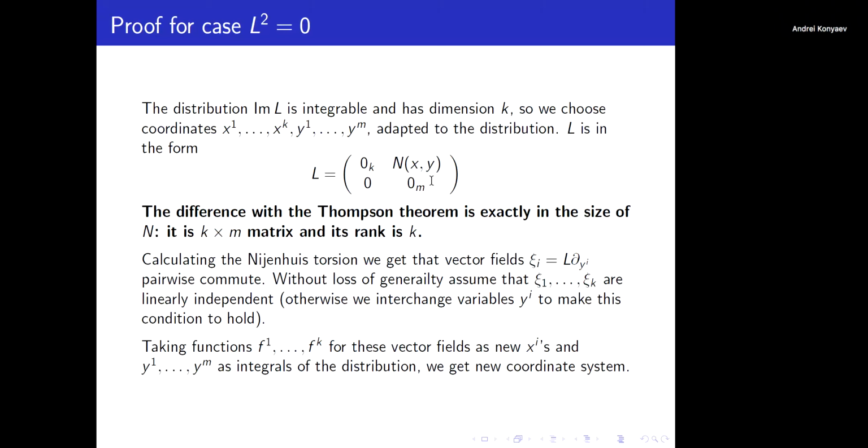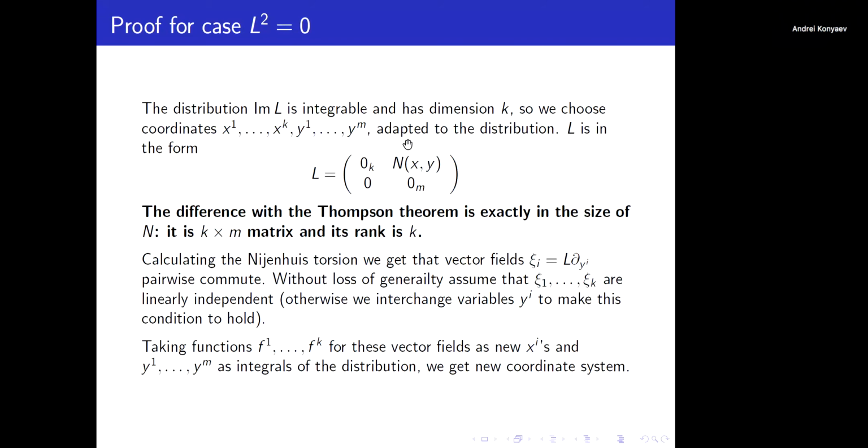In this case, the matrix is long. It has k rows and m columns, but m is larger than k. So we have a lot of columns, and the rank of this matrix is k, because the image has dimension k. This is important.